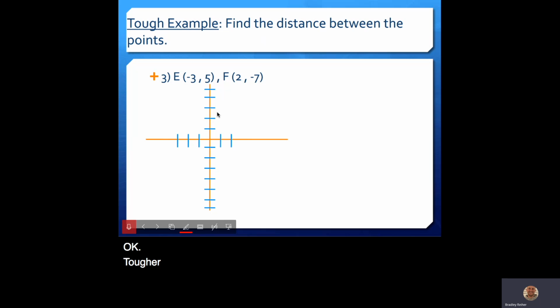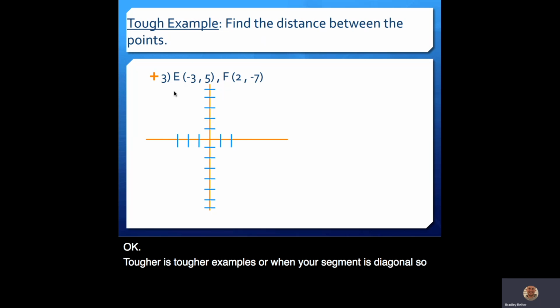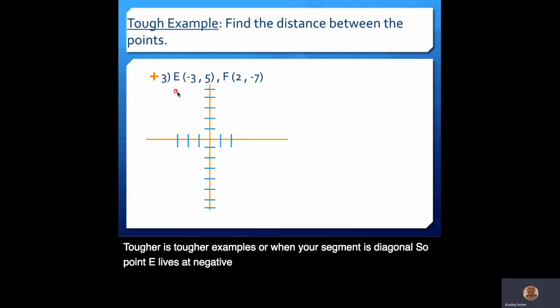Tougher examples are when your segment is diagonal. So point E lives at -3, +5. Point F lives at +2, -7.